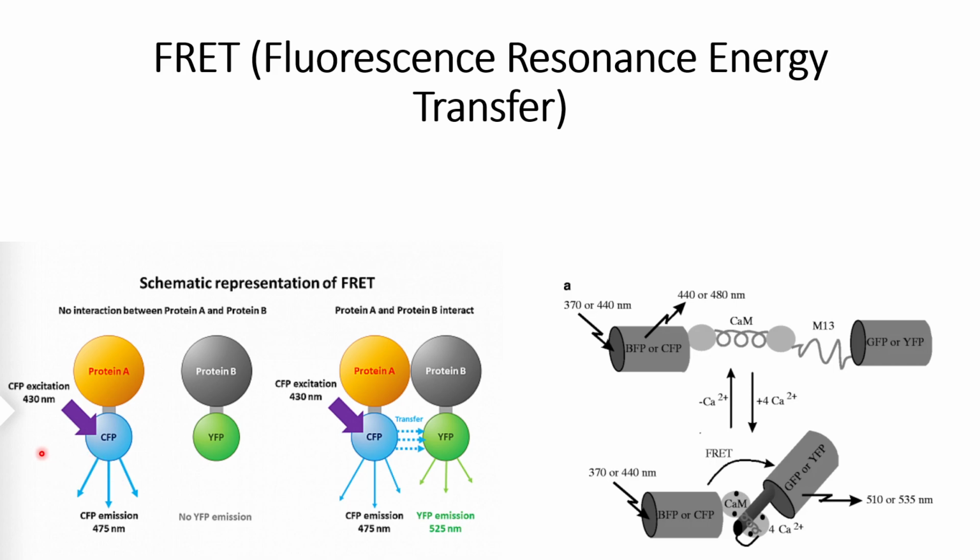So whenever light of 430 nanometer is thrown on this CFP reporter, it will get excited and emit fluorescence at 475 nanometer.